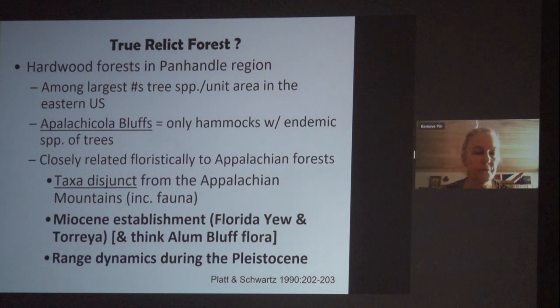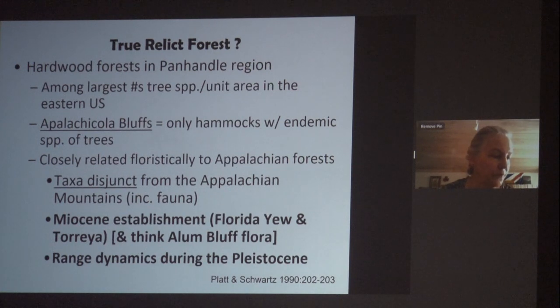This forest appears to have become first established in the Miocene, and some reflections of that are the Florida yew and the Torreya. Now we're definitely drawing back to Alum Bluff, with various range dynamics since in different trees and other taxa in the course of the Pleistocene with differing climate and sea level. So it's a very interesting flora.